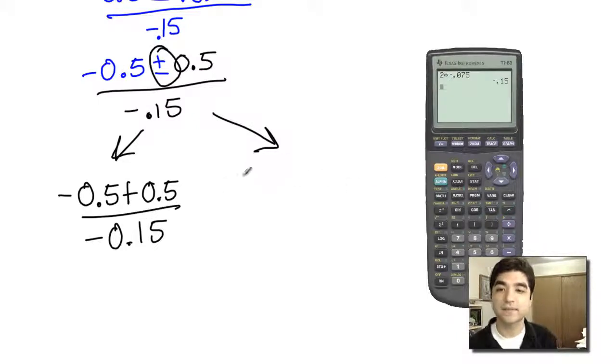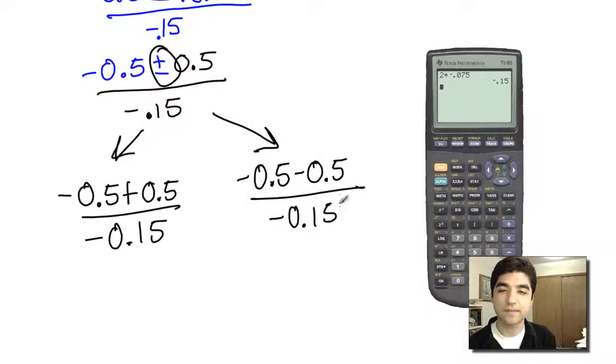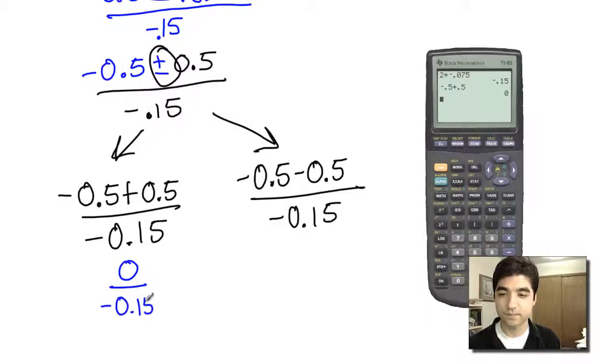And on the right hand side we do negative 0.5 minus 0.5 all over negative 0.15. So on the left hand side you do negative 0.5 plus 0.5. That equals 0. And you know 0 divided by anything just equals 0.